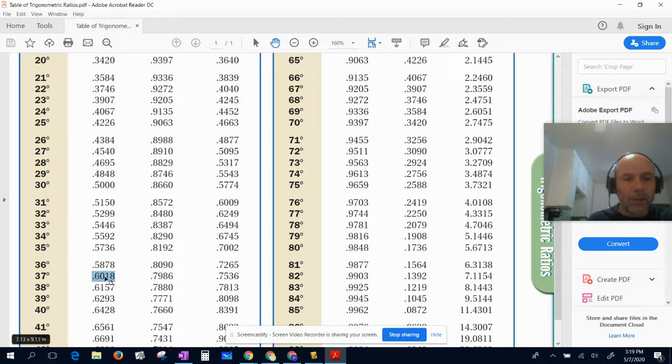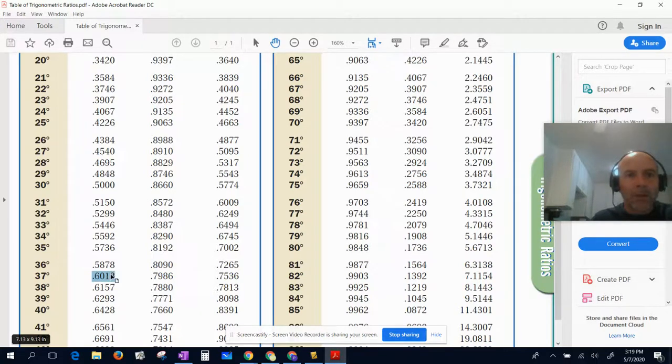So I can't get a perfect answer using the table, but I do know it's got to be really close to 37 degrees. You could make a guess right now how close to 37 degrees it's going to be. 0.6000 is really close. So I would say it's going to be something like 36.9 something.